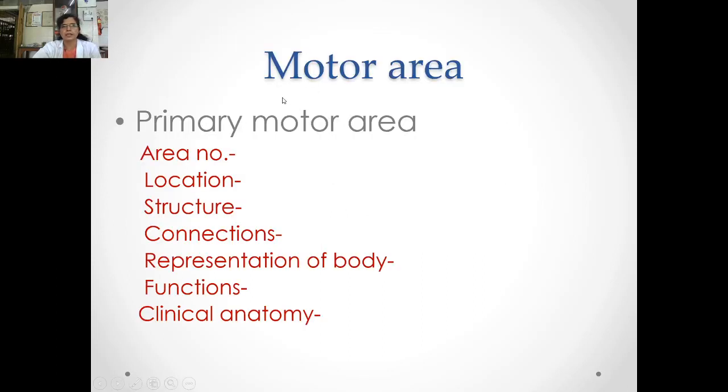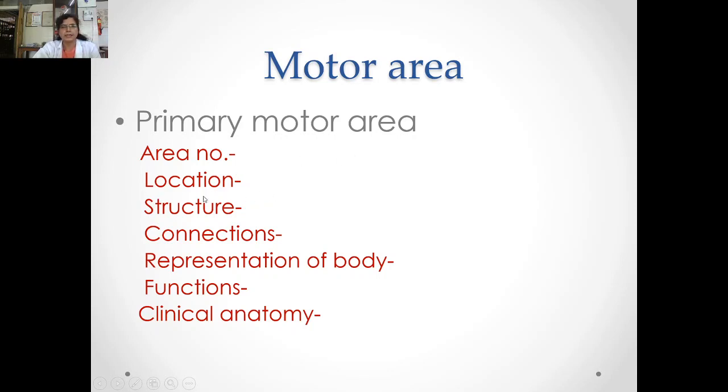First we will see about the motor area, and in that, the primary motor area. When you study any area, whether sensory, motor or association area, if you study it under some points, then it is very easy to remember and also very easy to write in your examination, because many times short notes are asked on these functional areas of the cerebral cortex. The points are: first, the area number, that is the Brodmann's area number.